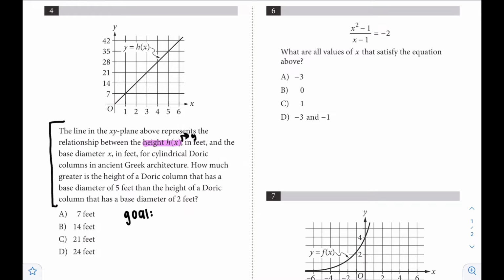So I'm going to highlight the y-axis because these numbers on this side are giving us height, and I'm going to label that. They also tell us that x, and I'm going to use a different color, the base diameter is x. They tell us this in the problem right here. So I'm going to label this axis as diameter.